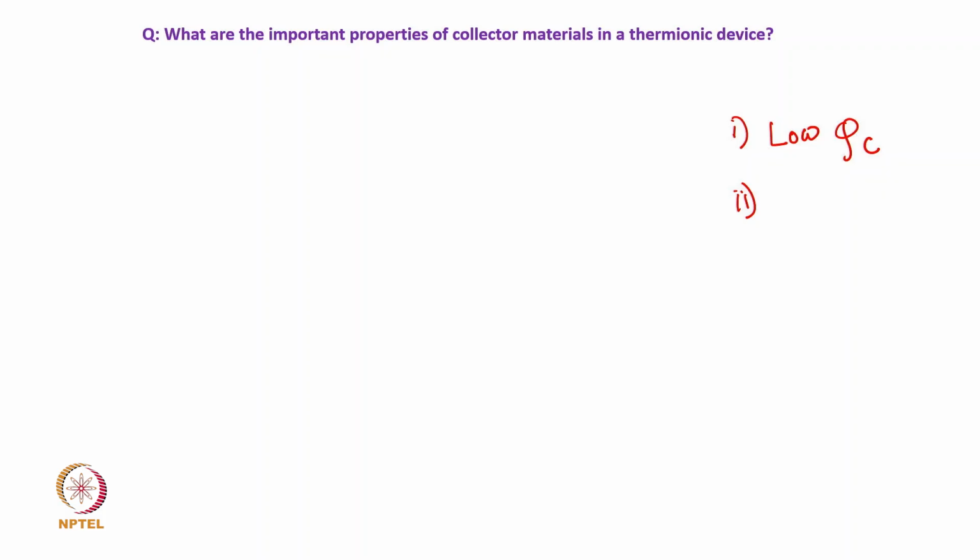So, there could be erosion of material from the collector because of continuous bombardment of electrons. So, they should be stable, or what we call having less probability of material erosion, or this is known as sputtering. We have already discussed what sputtering is.